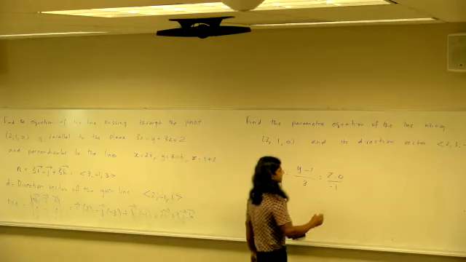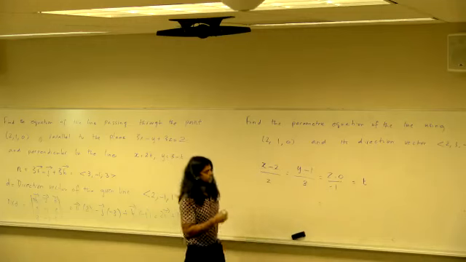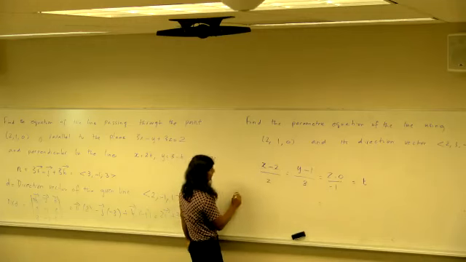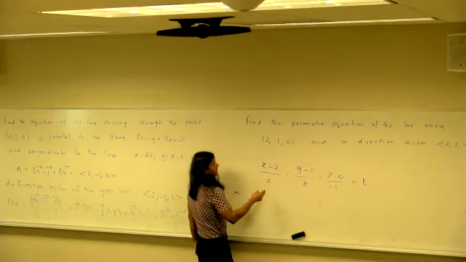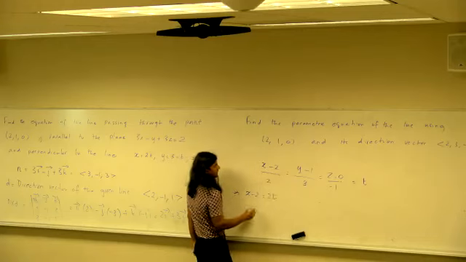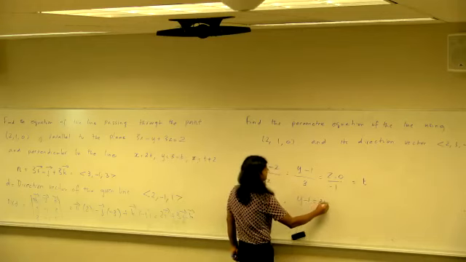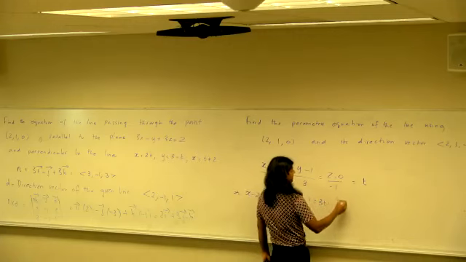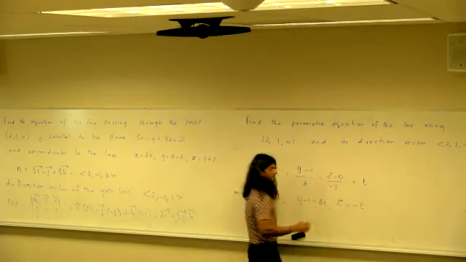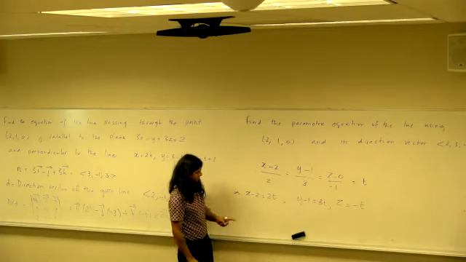So we have the symmetric equation of the line, which means I can get a parametric equation by setting each of the terms equal to t. So x minus 2 would equal 2t, y minus 1 equals 3t, z minus 0 equals -t. Good. Z minus 0 is just z.